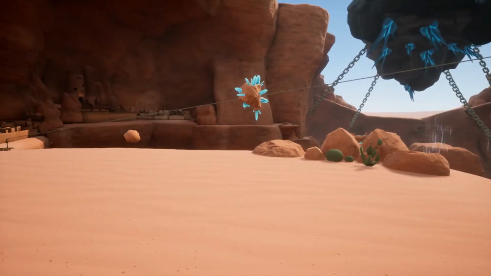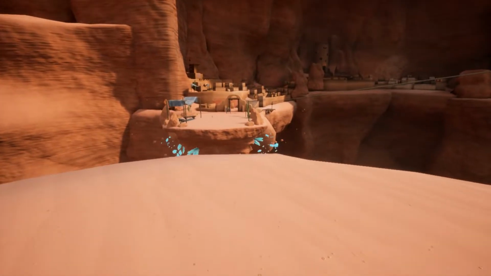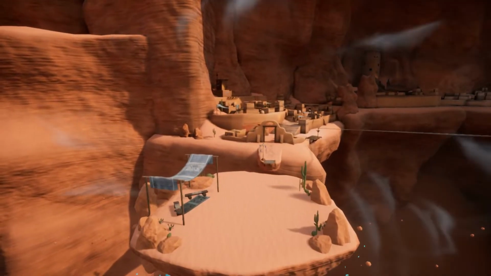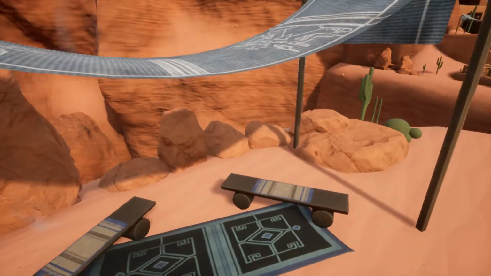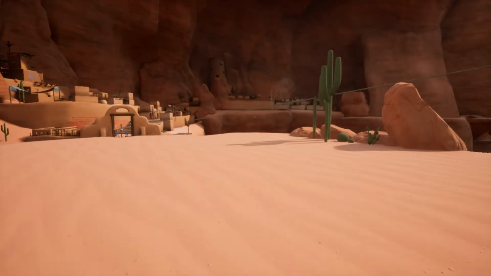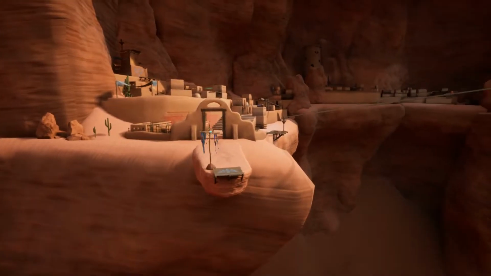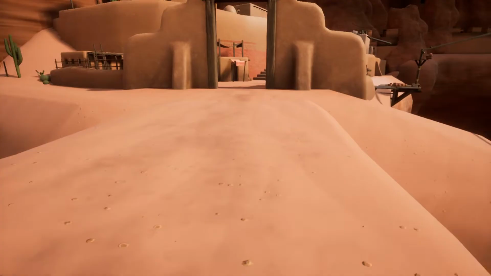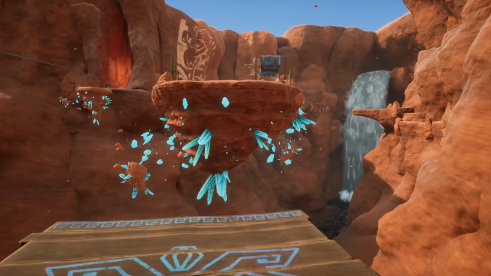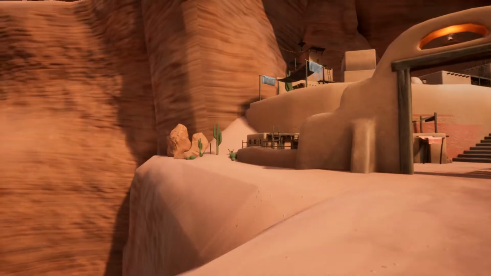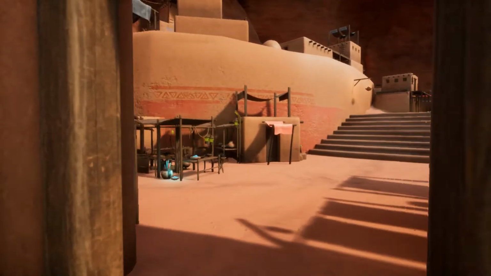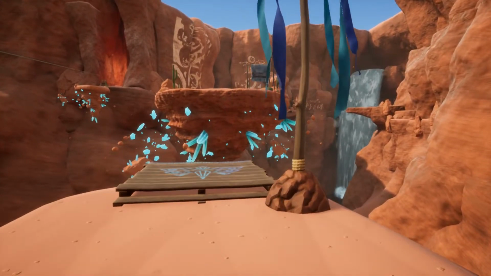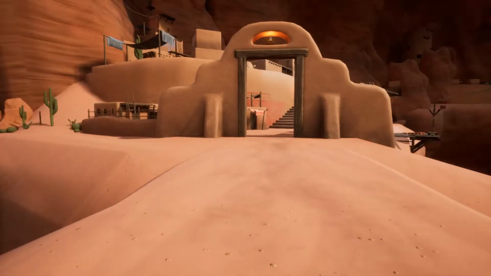That's a big area. I understand why it's making this though. Cool. Are those flags making the wind sound? They kinda are.